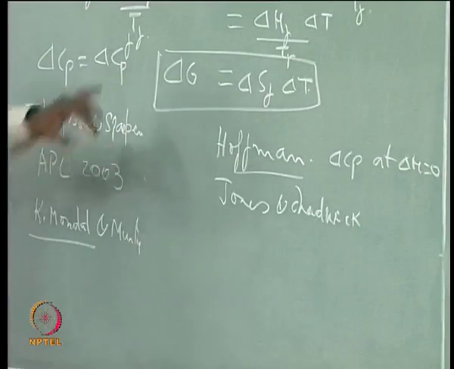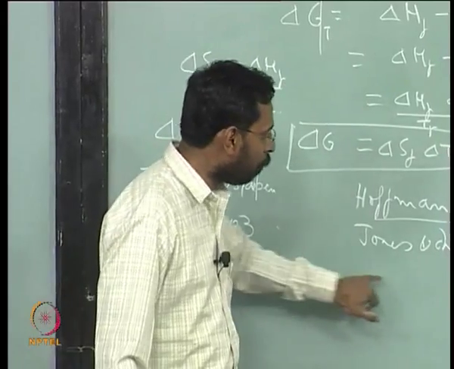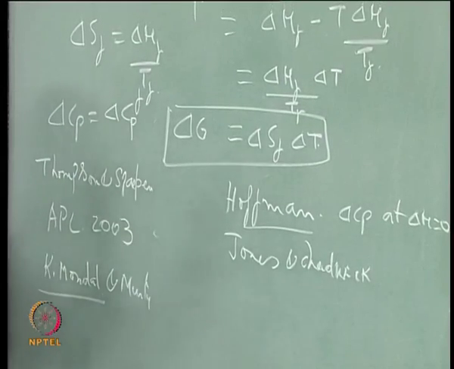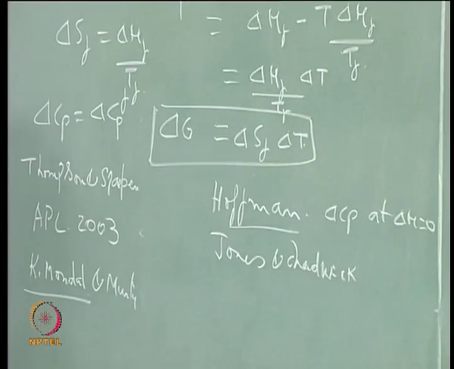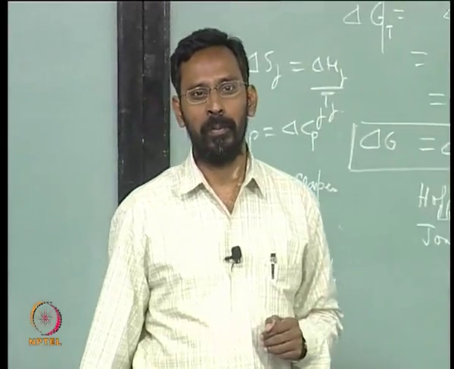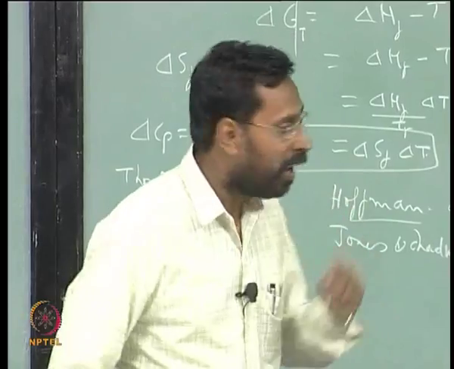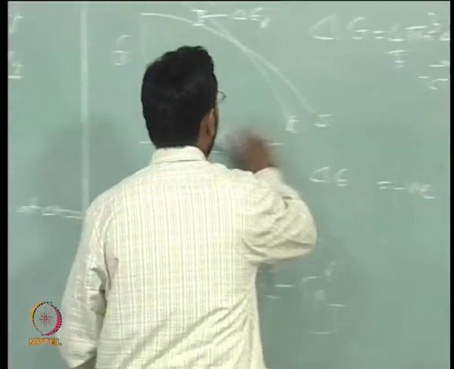In principle, this delta H, which is delta Hf minus the integral of delta Cp dT, at some particular temperature actually goes to 0. It could be a theoretical temperature, the way I showed you earlier.